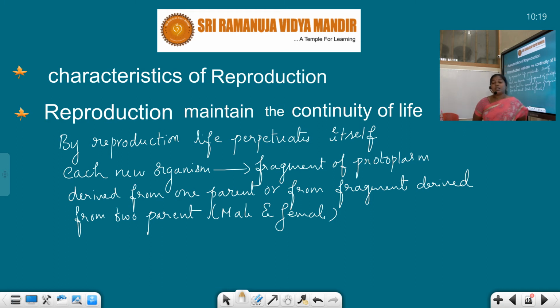Reproduction is a very important life process carried out by every living creature in order to continue its race or its generations. By reproduction, life perpetuates itself. Each new organism comes from a fragment of protoplasm derived from one parent or from two parents, that is, from the male or female.